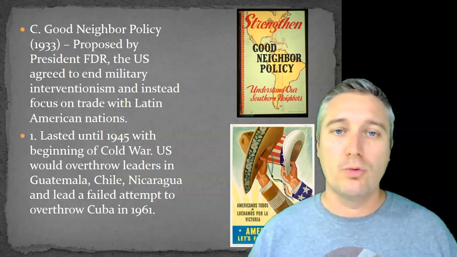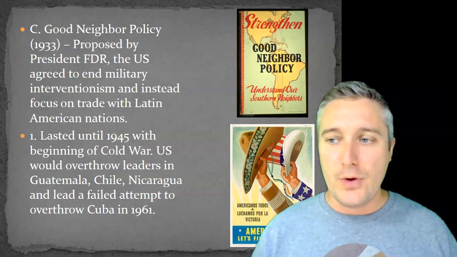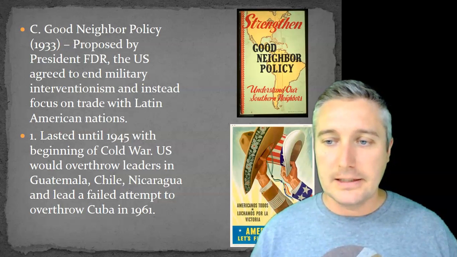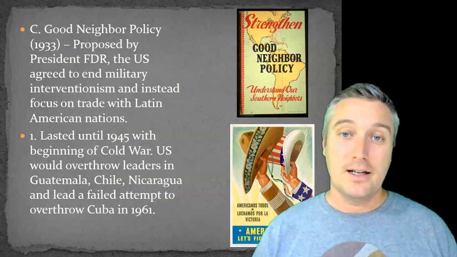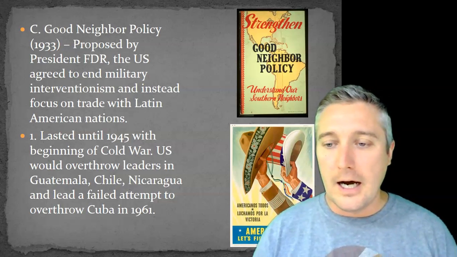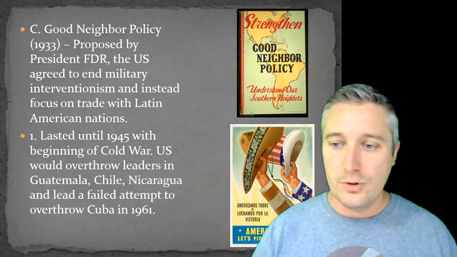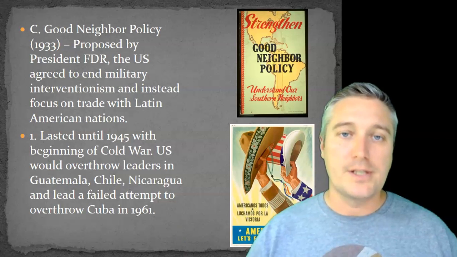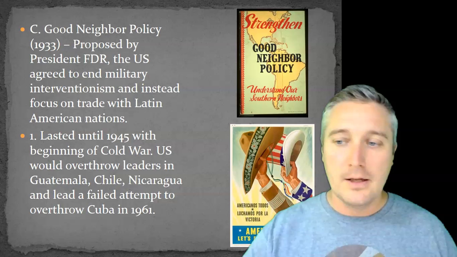1945, everything changes. World War II ends, the Cold War begins, and especially when you have nations that have leaders overthrown by communist regimes, or sometimes even elected communists, we decided to go in and overthrow. Guatemala, Chile, Nicaragua. There's a coup we attempted in 1961 in Cuba.